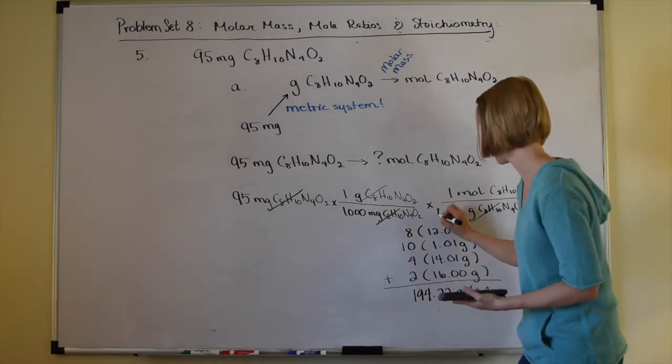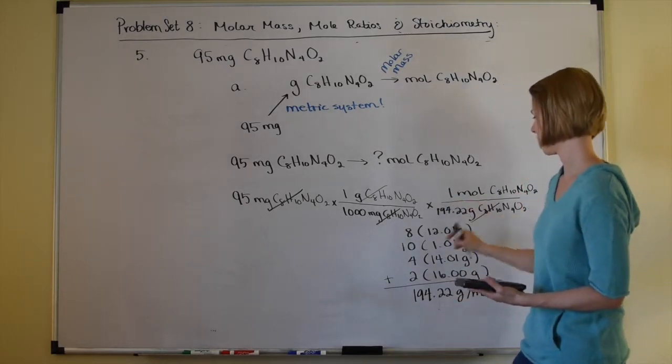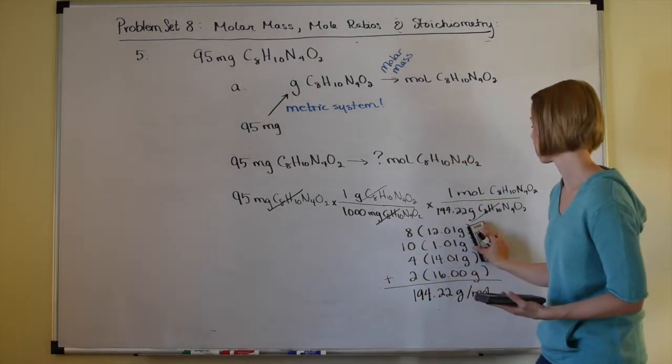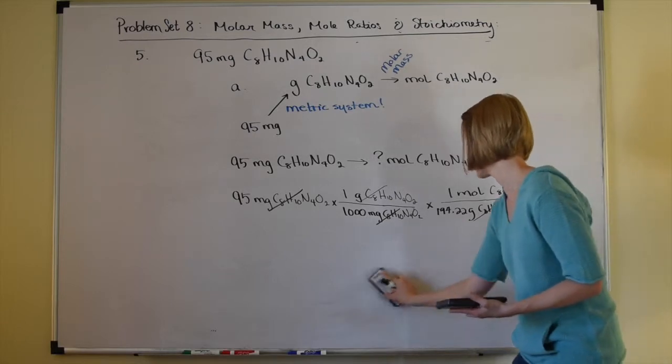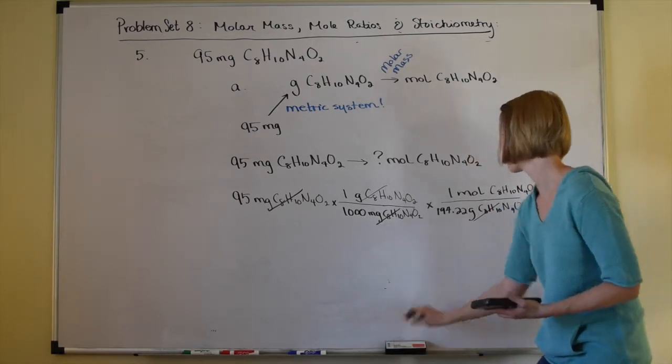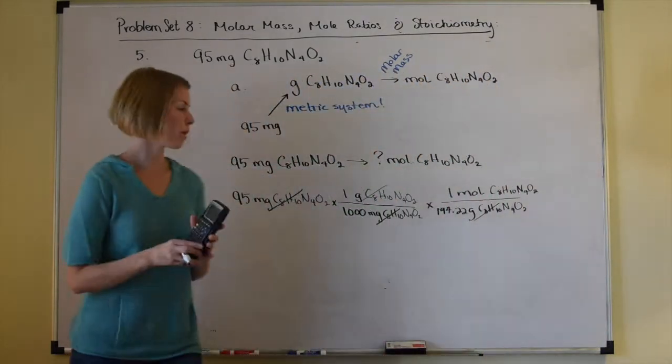Okay, so 194.22 goes right here. I'm going to erase this work here just so that it doesn't get too messy up here. Okay, so now I'm ready to punch in the whole problem.